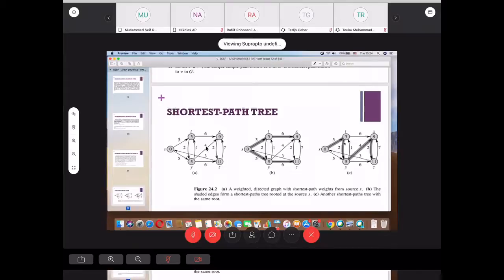So this is another option. So in this illustration from this graph, you can have more than one solution. One is B, the second is C, with different trees, right?